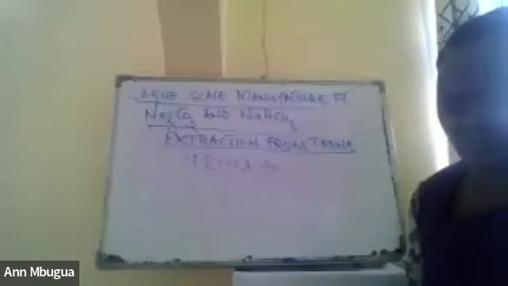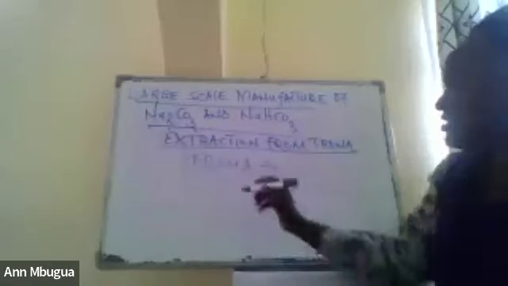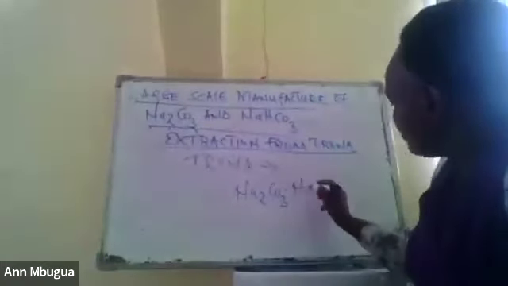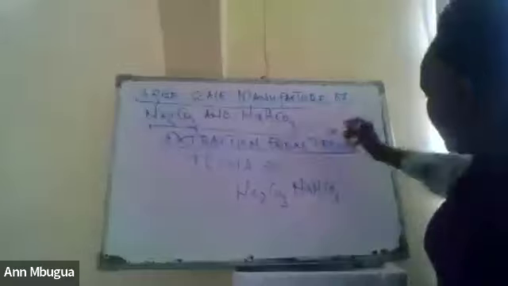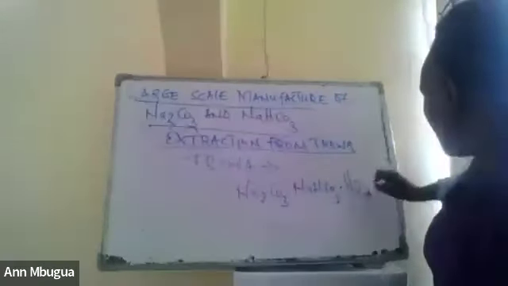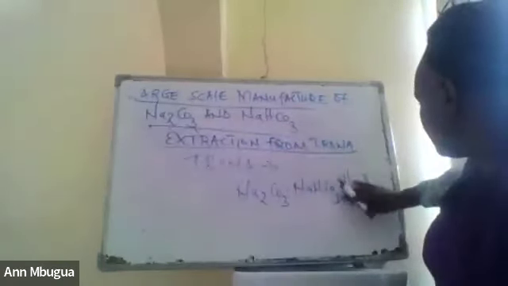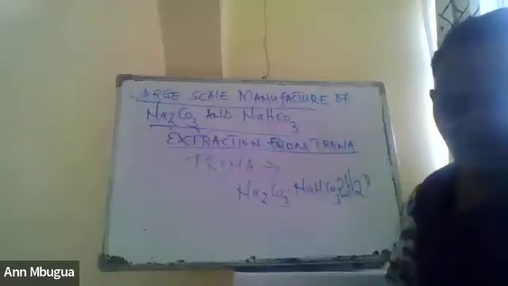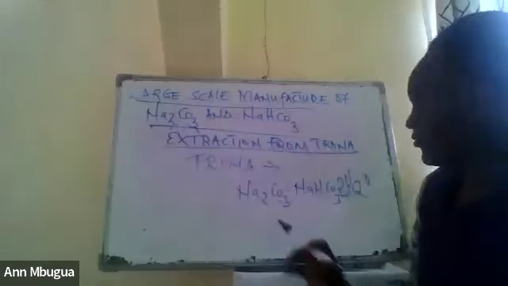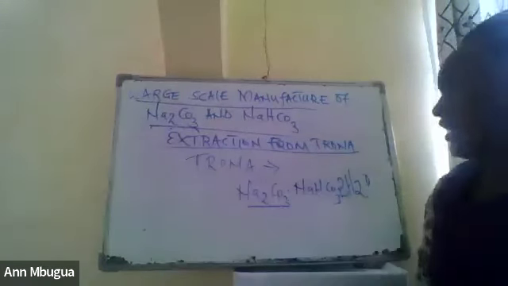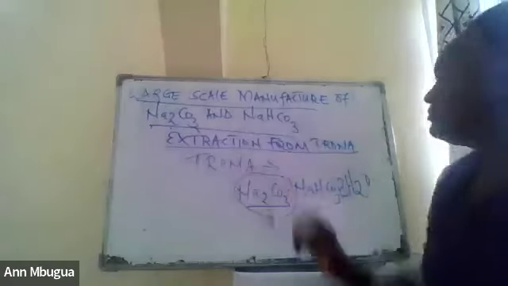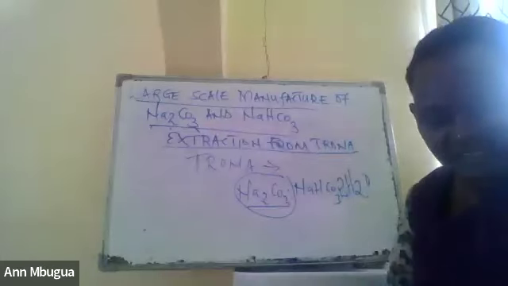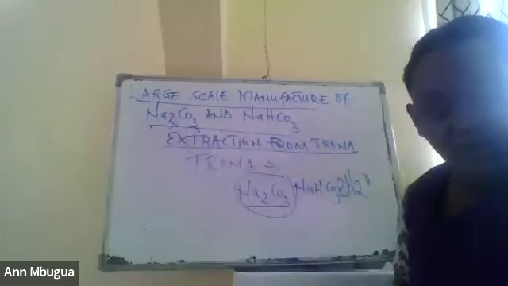So trona is a double salt that contains sodium carbonate and sodium hydrogen carbonate, and it contains two molecules of water of crystallization. From this, we can get our sodium carbonate, which is our interest, and whose uses you have highlighted as quite a lot.